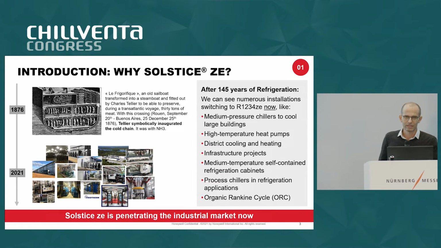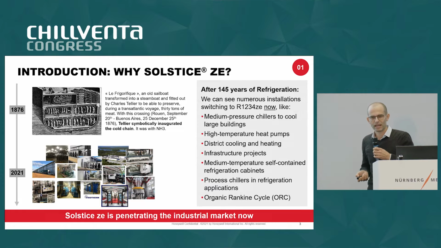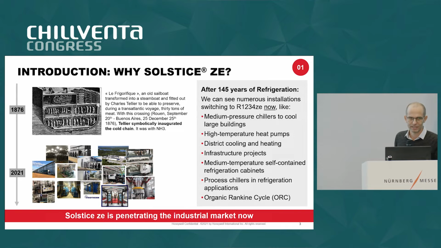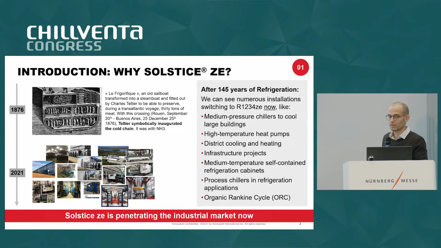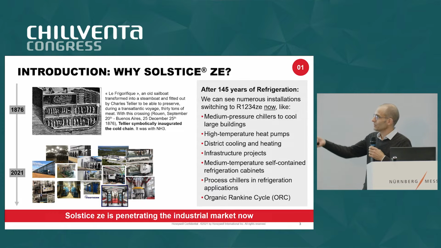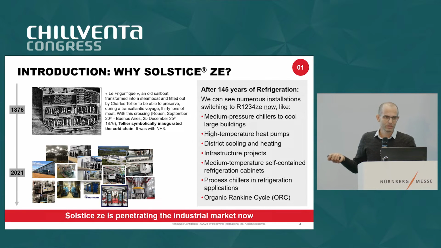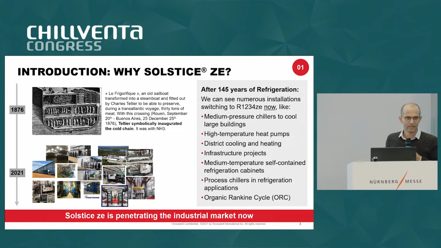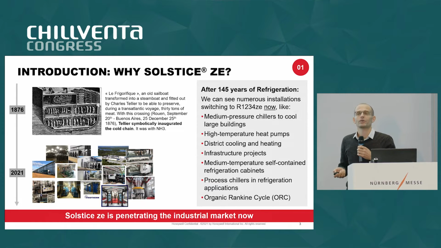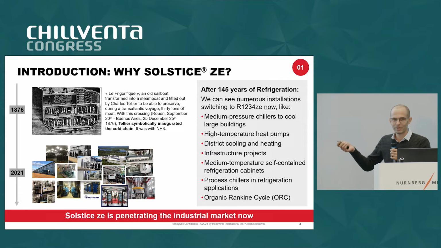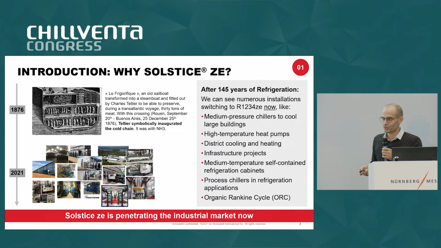Just to start, because I will talk about industrial refrigeration, it's important to start with the history of when this industry started. It was a long time ago, 145 years ago. As you can see in this picture, it's a boat to transport meat from Latin America to France.